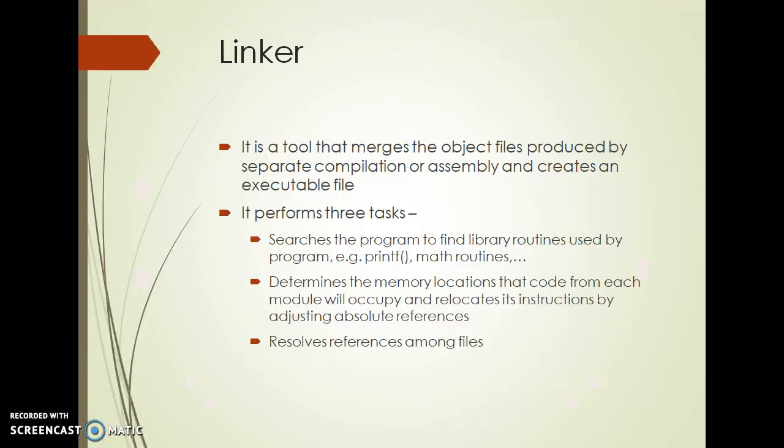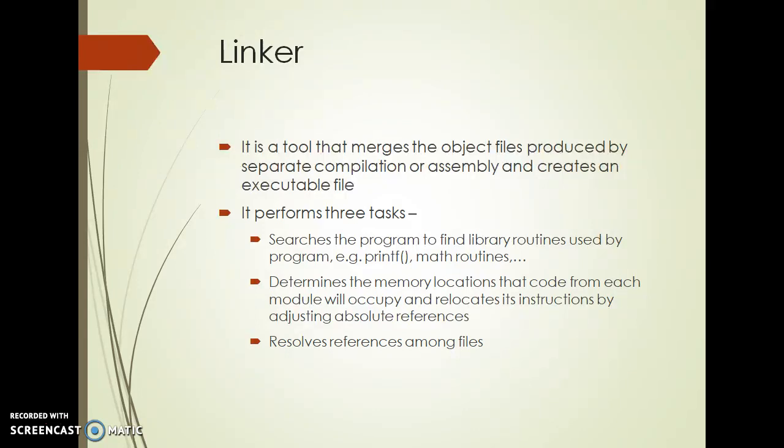Now we come over the linker system program. Linker works as a merger which merges different object files. There are different object files generated by different programs, and in our program we also use some subroutines that are already provided in the library.